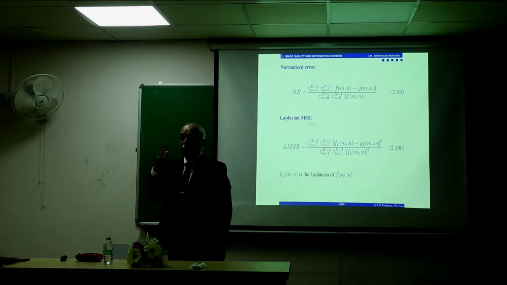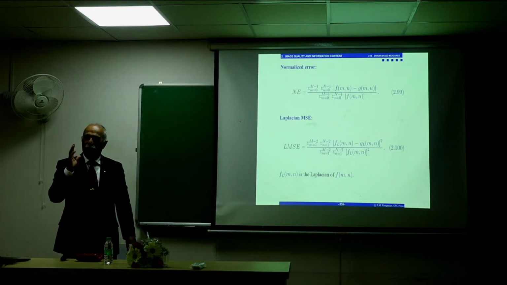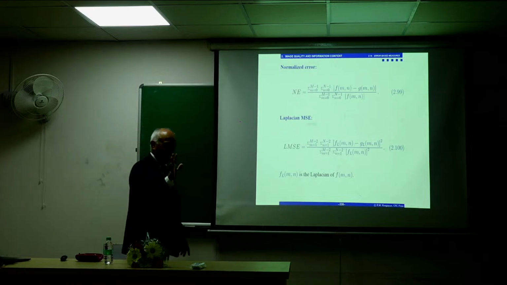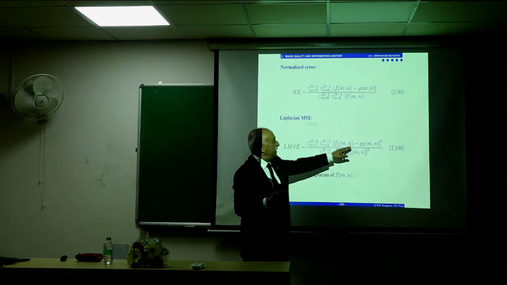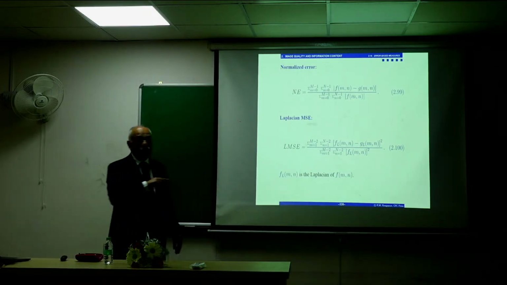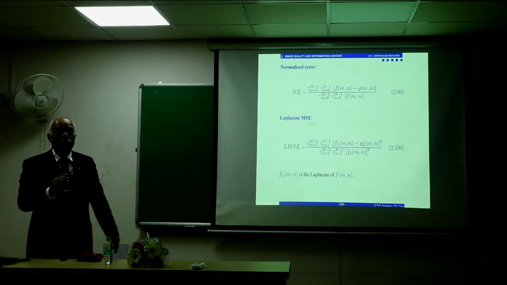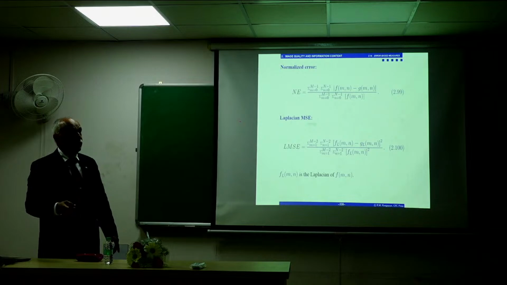Remove the intensity out and take the relevant edge information, which is important in understanding the scene. So F_L is the Laplacian of F, G_L is the Laplacian of G, normalize with that. That's called the Laplacian mean squared error, which will account for variations in brightness or intensity or exposure.